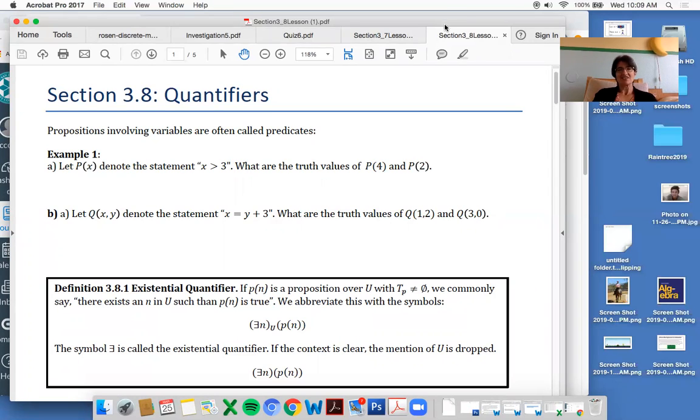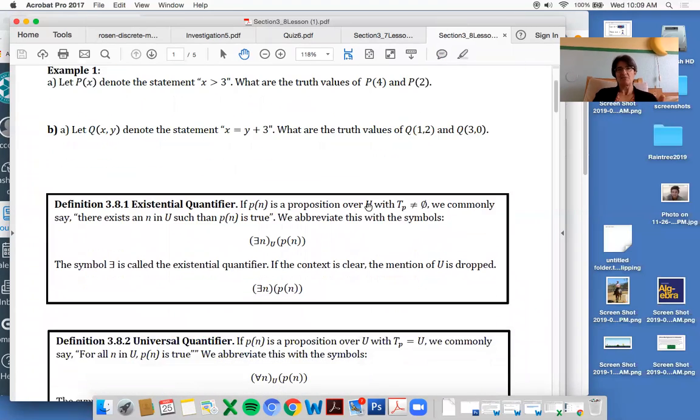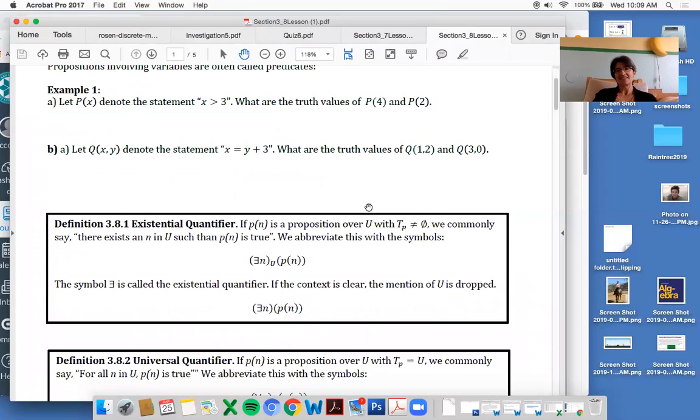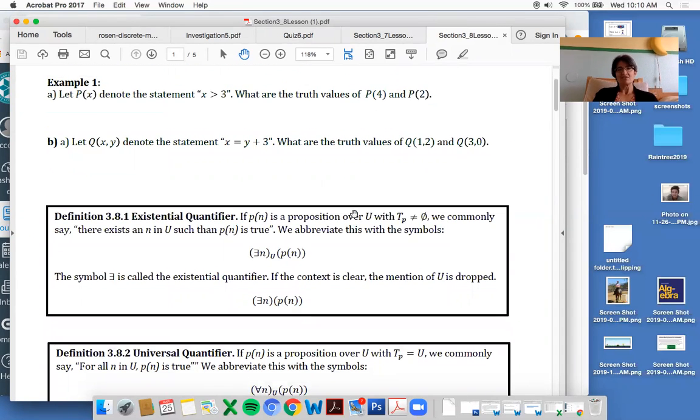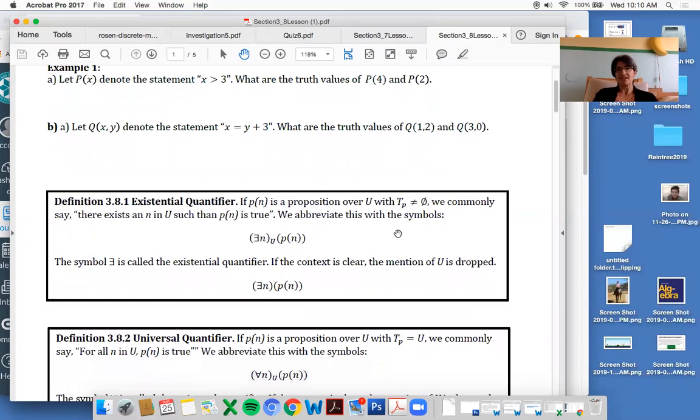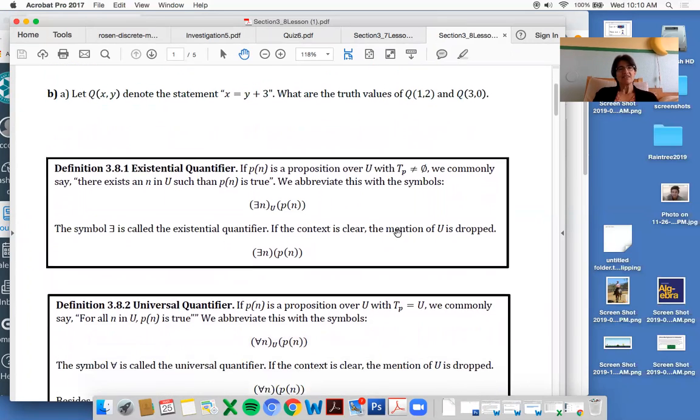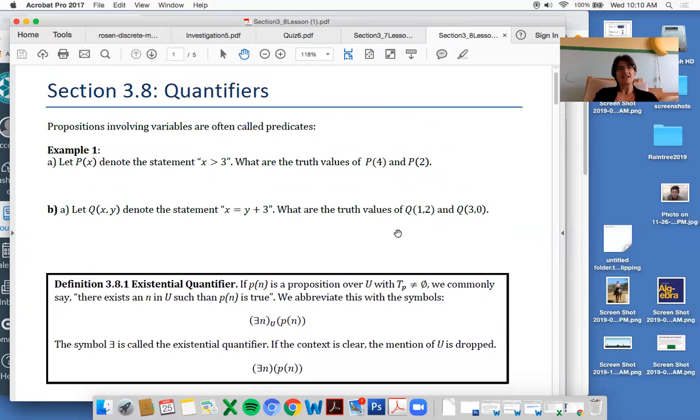My intent is not to go through every one of these examples because they're already explained there. But I want to give the gist of what the concepts are and give you some examples to work on.